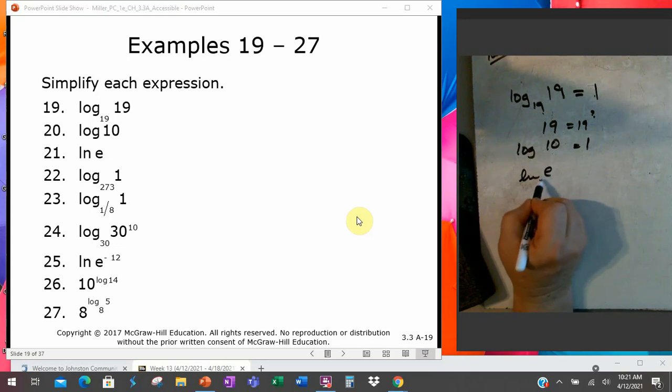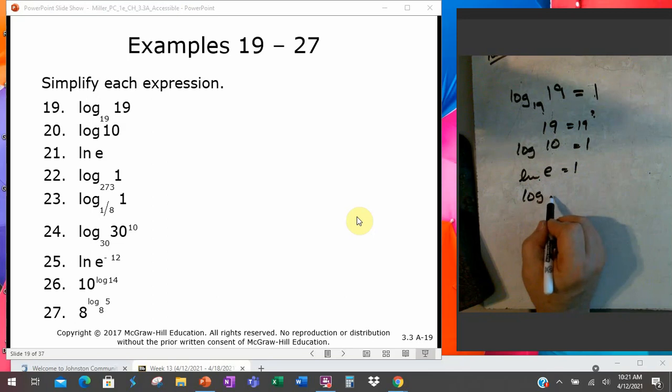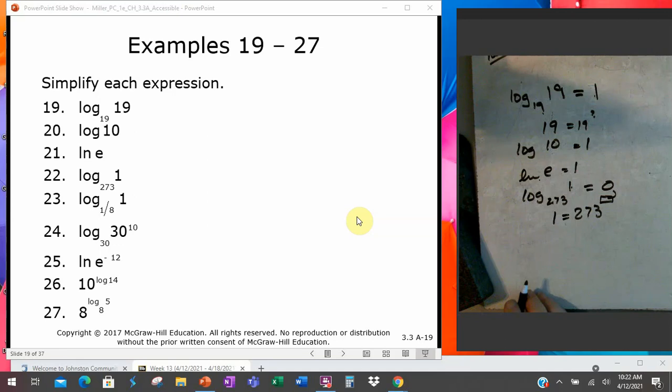Natural log of e, the base is e, so that's got to be 1. Log base 273 of 1: the only way I can represent 1 as a power of 273 is the 0th power, so that's got to be 0.